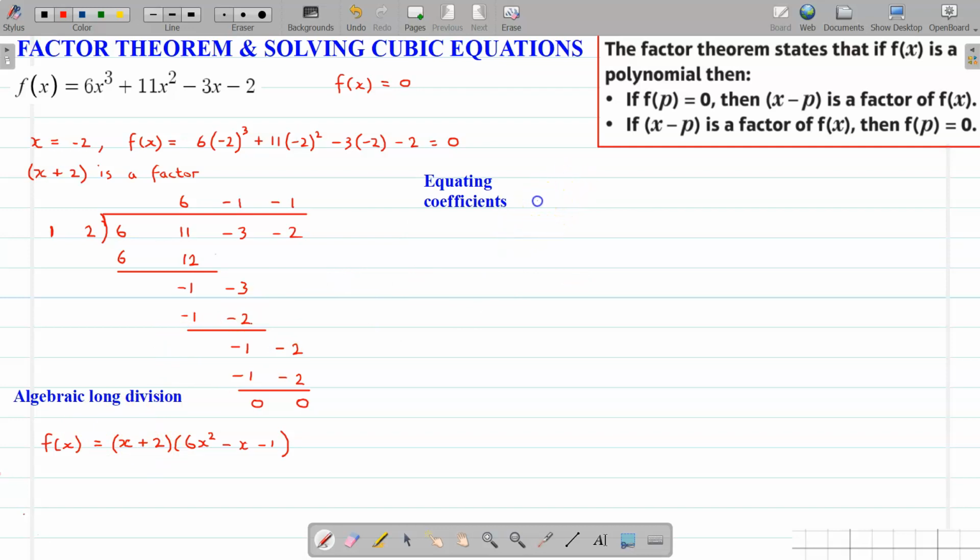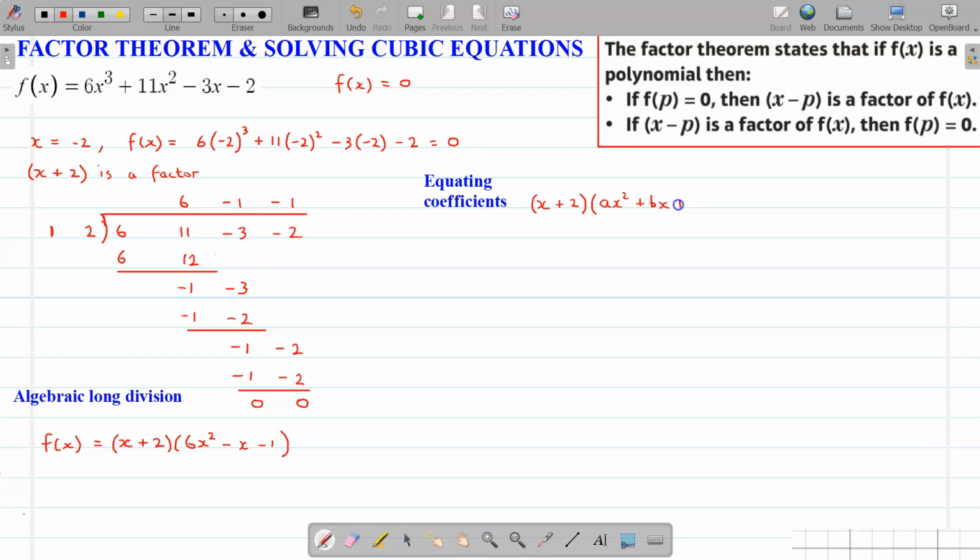So if x plus 2 is a factor, then we know that x plus 2, times by some unknown quadratic. We know what the quadratic is now because we've done it here, but if we didn't know, we would just call it ax squared plus bx plus c.